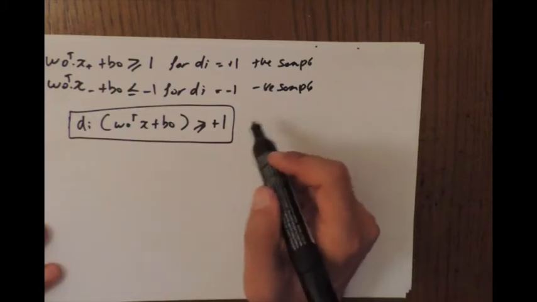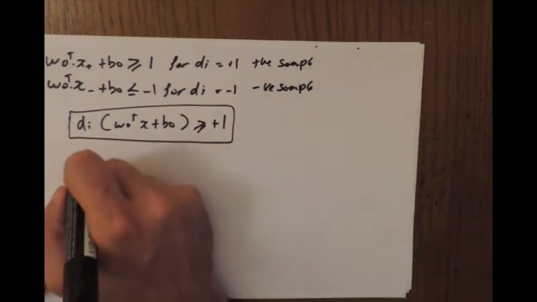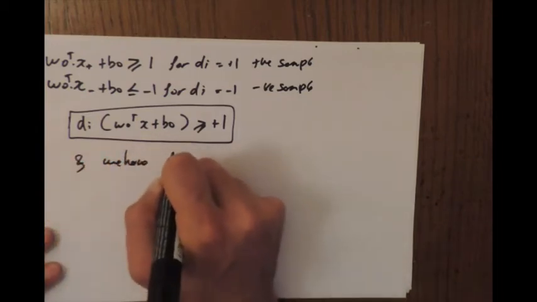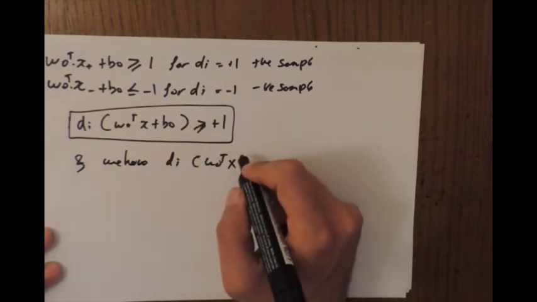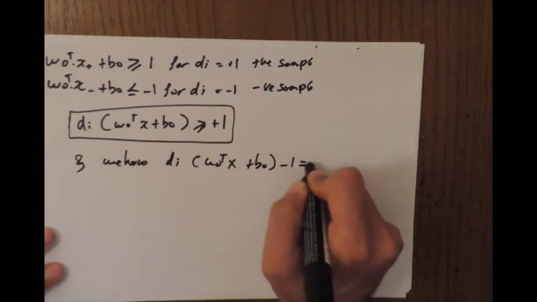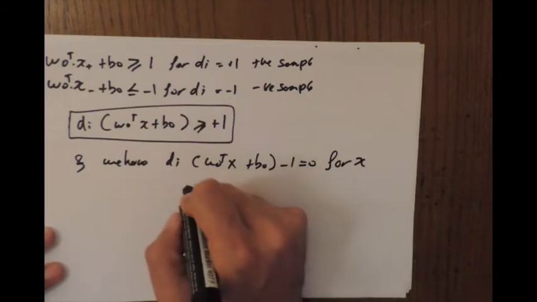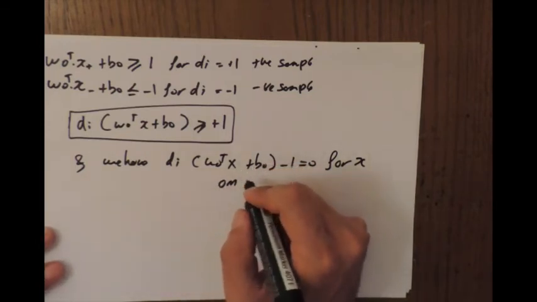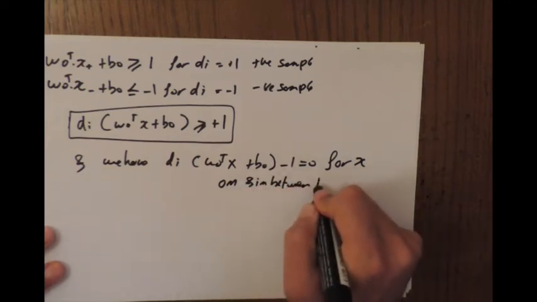So this is for points belonging to the positive sample and the negative sample, and we have di times omega 0 x plus B0 minus 1 equals 0 for inputs that are on and in between the two lines.